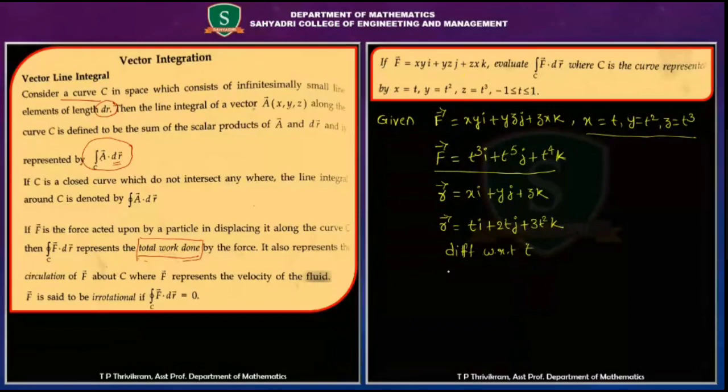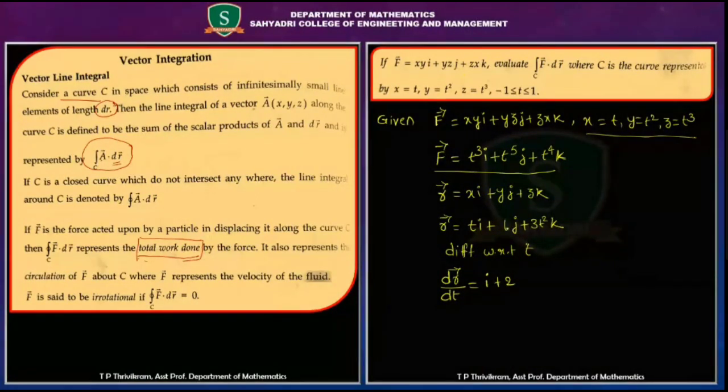So if you differentiate with respect to t, what happens? dr by dt is equal to, differentiation of t with respect to t is 1 i plus 2tj plus 3t square k.